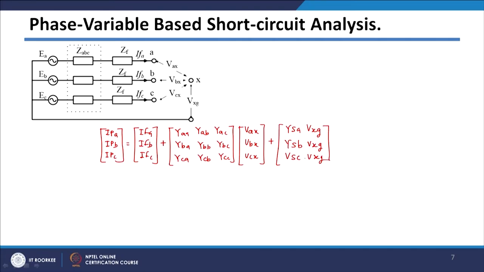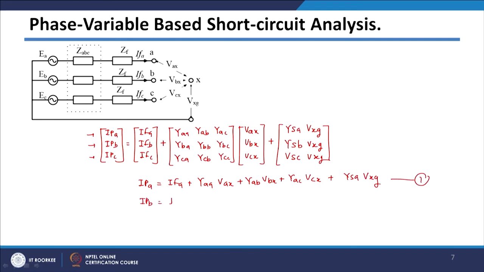So, basically here are three equations which we can consider. This is equation number 1, equation number 2 and number 3. Equation number 1 I can write explicitly: IPA equals IFA plus YAA into VAX plus YAB into VBX plus YAC into VCX plus YSA into VXG.